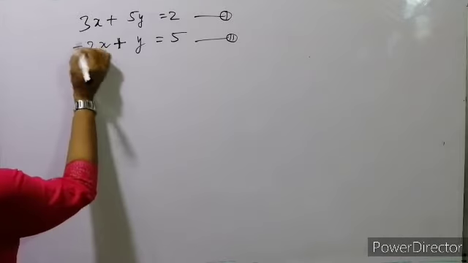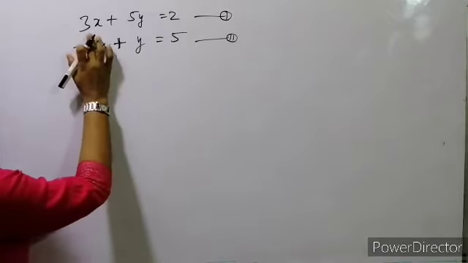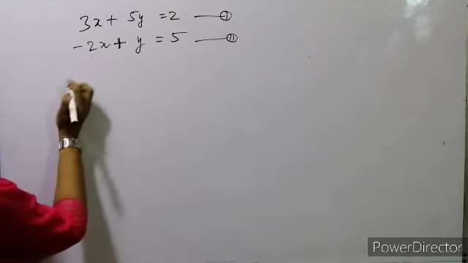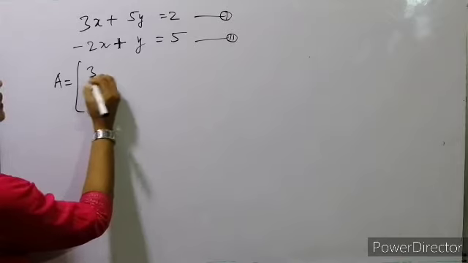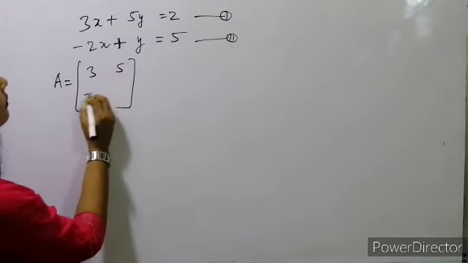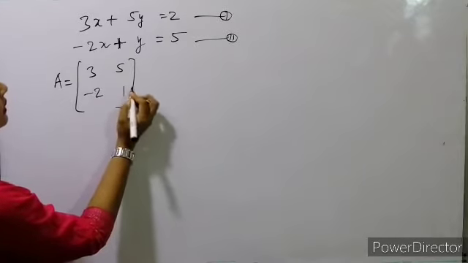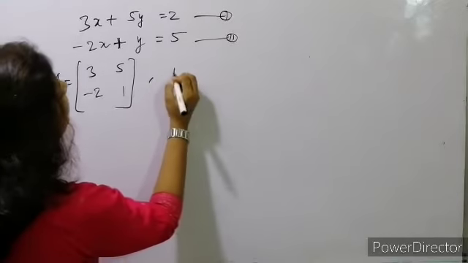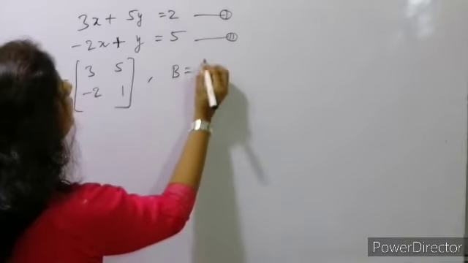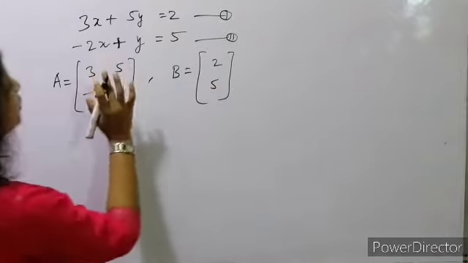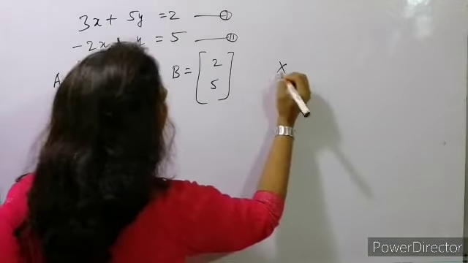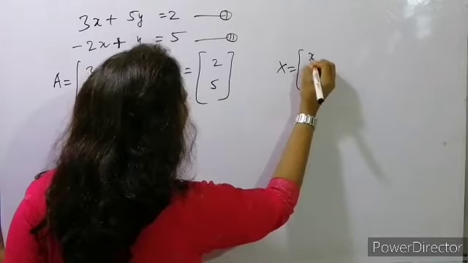So these are the values given. This is the coefficient of x. So we'll write A as 3, 5, minus 2 and 1. B is equal to 2, 5, and X, so you know what the value of X is, that is x and y.